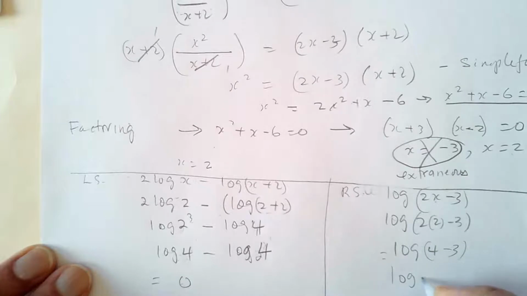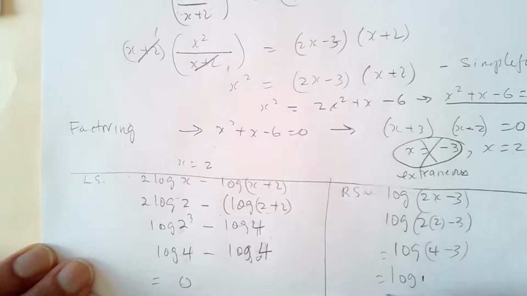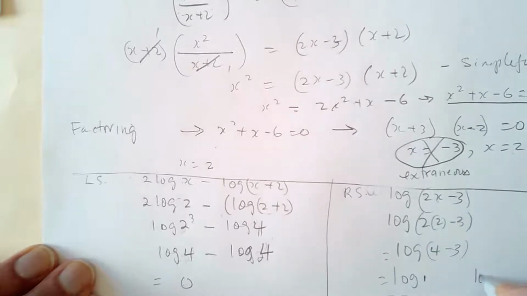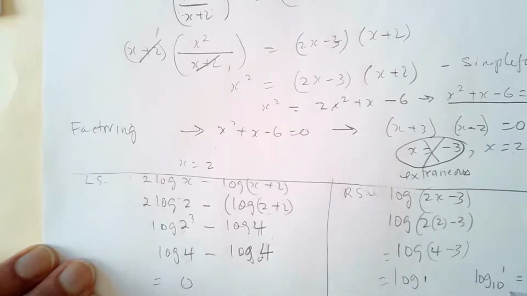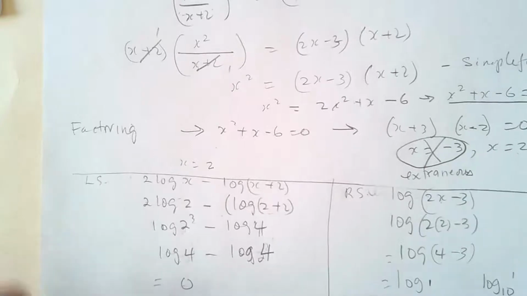So log of 1 is equal to 0, because you remember 10 to the 0 is equal to 1. So now the left side is equal to the right side.